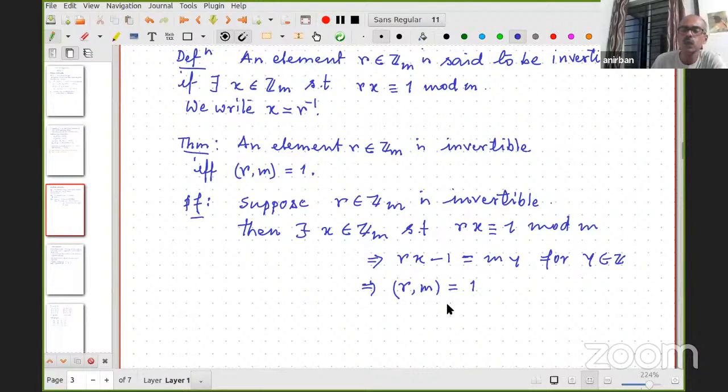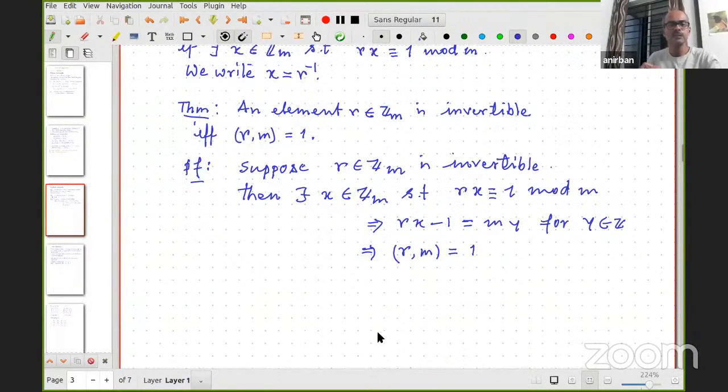Because if the GCD is not 1, suppose the GCD is d greater than 1, then you have an integer greater than 1 which divides this as well as this. So it is going to divide 1, which is not possible. So it has to be 1. So that gives one way.